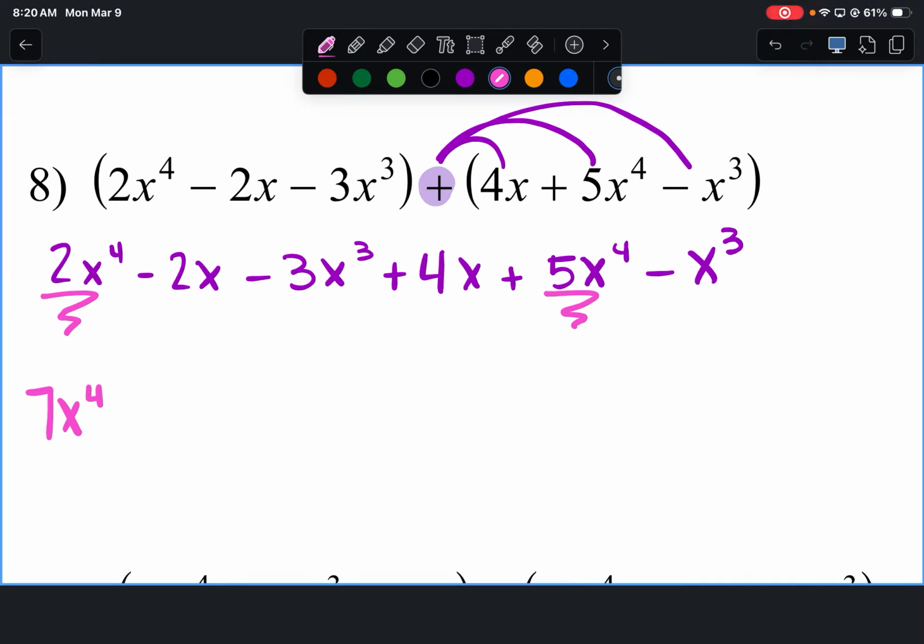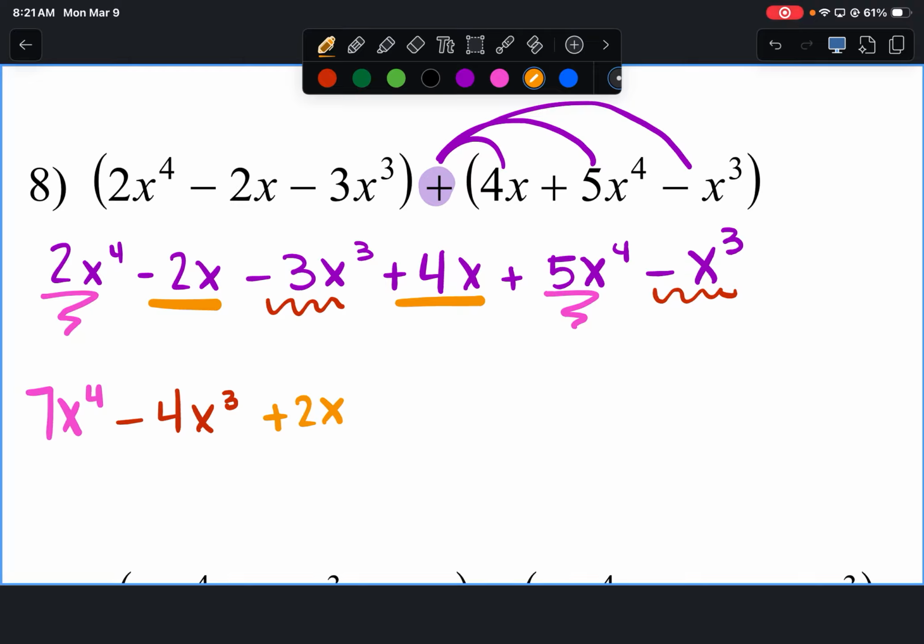Now, what term's going to go next? That's our cubed terms. If we combine those, what do we get? Which terms are going to go next? We have negative 2x and 4x. What does that give us if we combine them? Plus 2x.